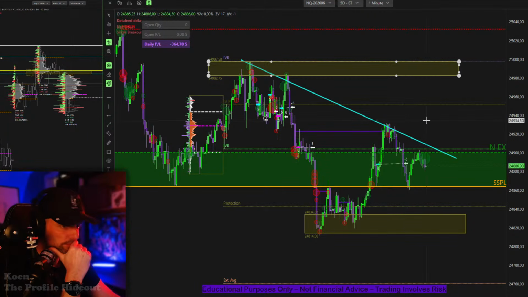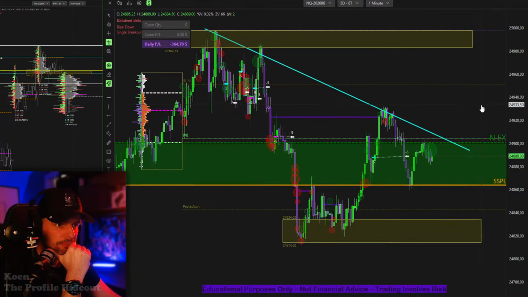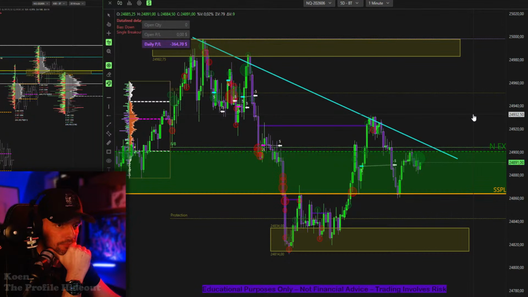It's just the expectancy of the trade is a little bit skewed. Buyers trying to push it here though.